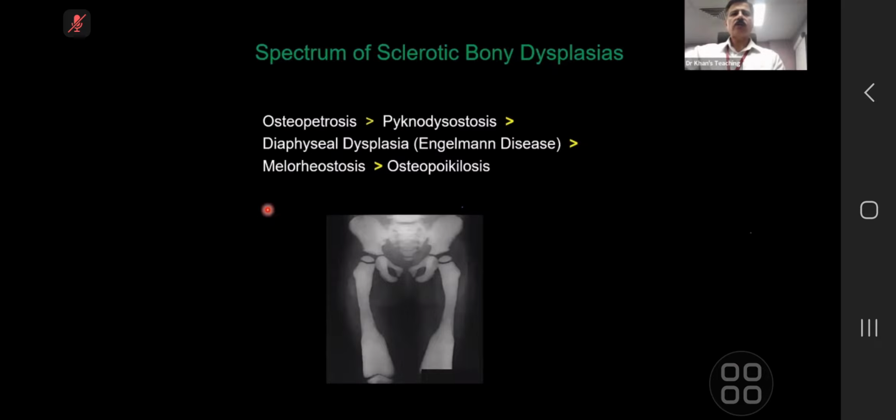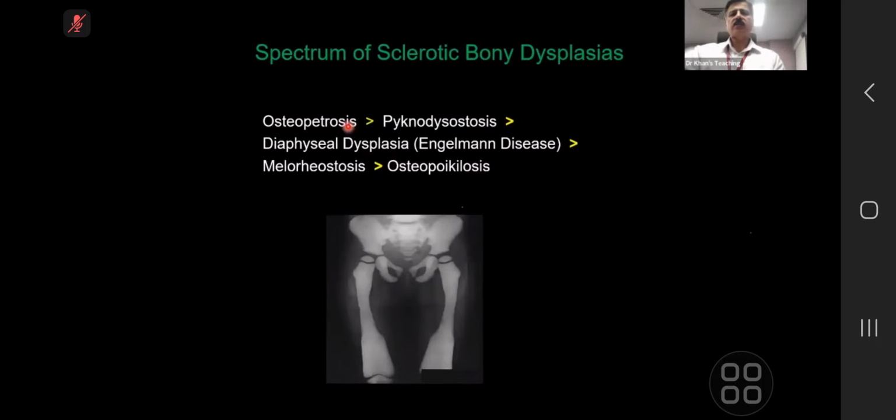When osteoclasts have some issues, maybe in number or function, you can get bony dysplasias in which there is sclerosis of bone. And this is a spectrum of conditions, and the spectrum can be from the whole skeleton being of extremely high density, versus slightly less, versus lesser, and lesser.